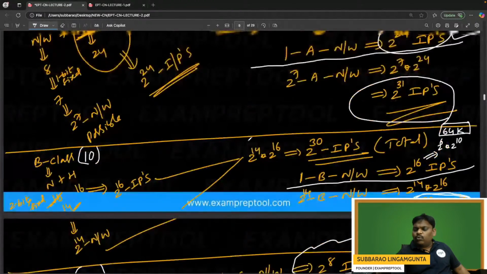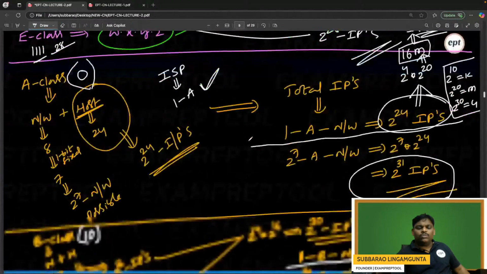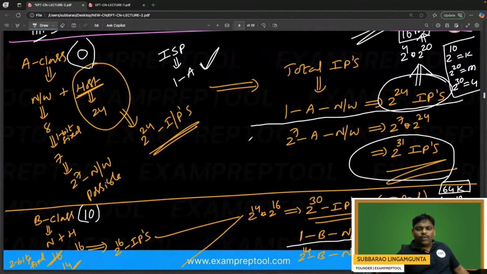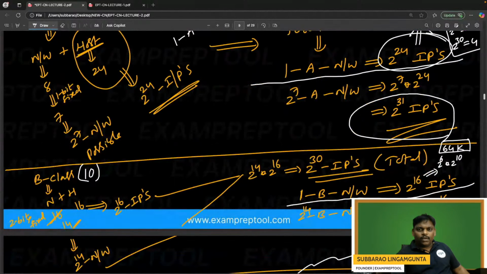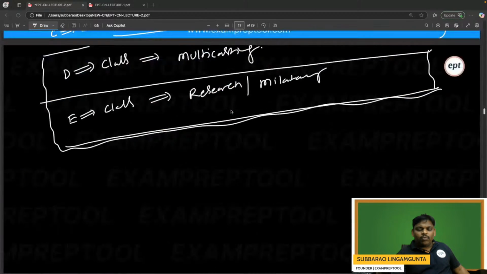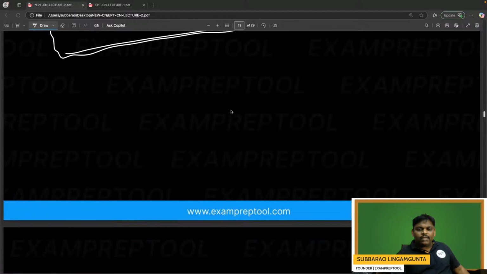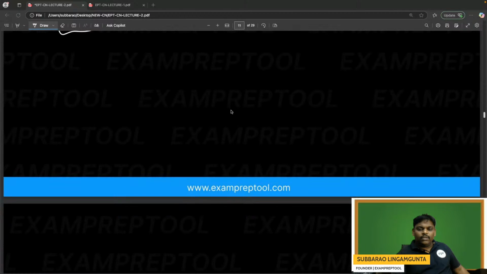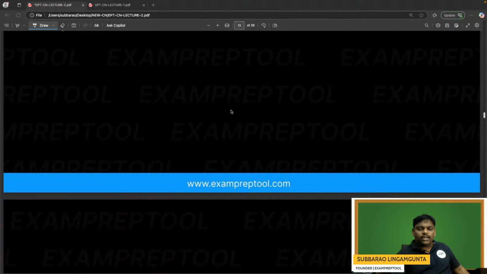One or two doubts are there, I will clarify. Can I go further? One more small thing there, I will say, and then you will get more clarity. Can I go ahead?